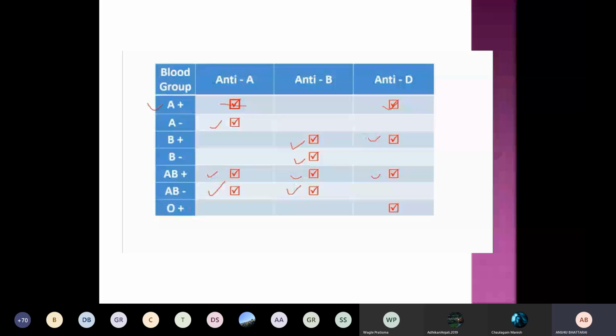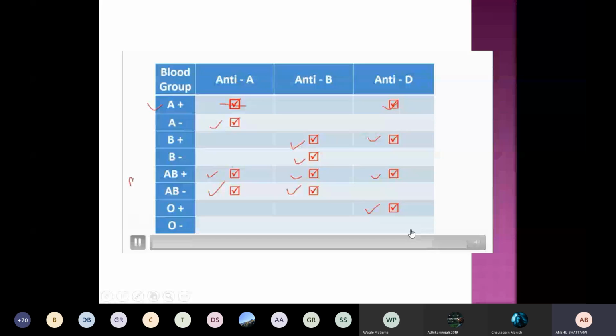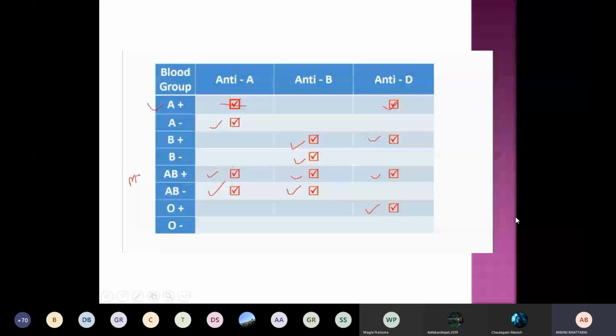In persons of blood group O positive, you will find agglutination reaction only in the antisera D. And in persons of O negative blood group, you never find agglutination in any of these antisera solutions because they don't have any agglutinogens, neither A nor B. So this table is the most important. Please note it down.